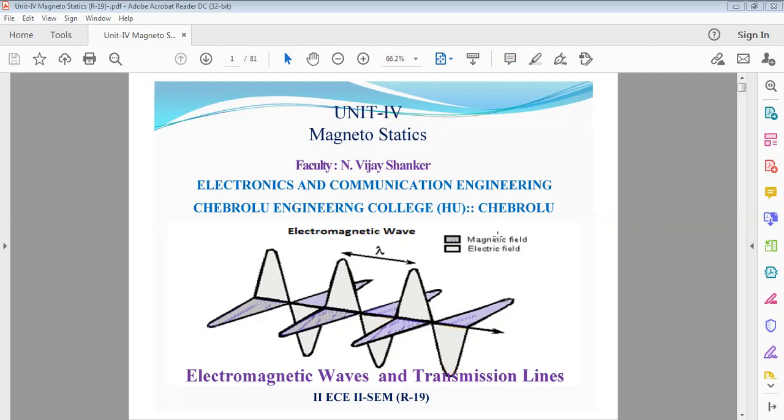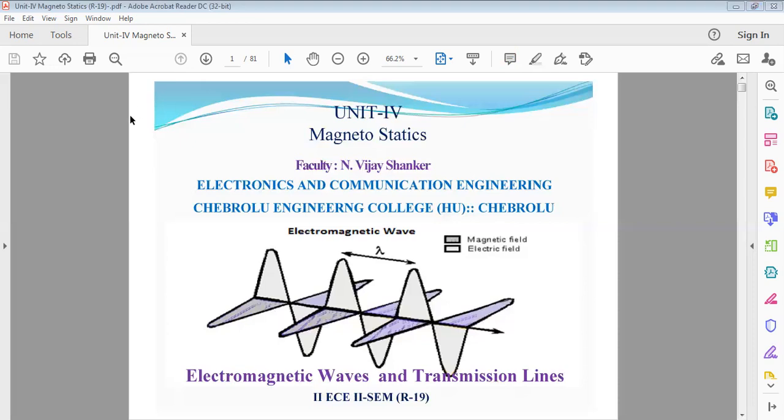In this, you have to find out the tangential components and the normal components. Nothing but E tan and D tan. E tan means the electric field and the electric flux, E and D. And similarly, you can find out the tangential components and the normal components for the electric field and the magnetic field, and electric flux and the magnetic flux.